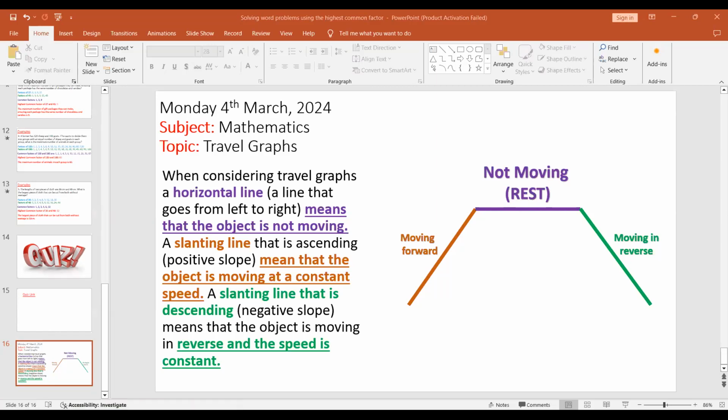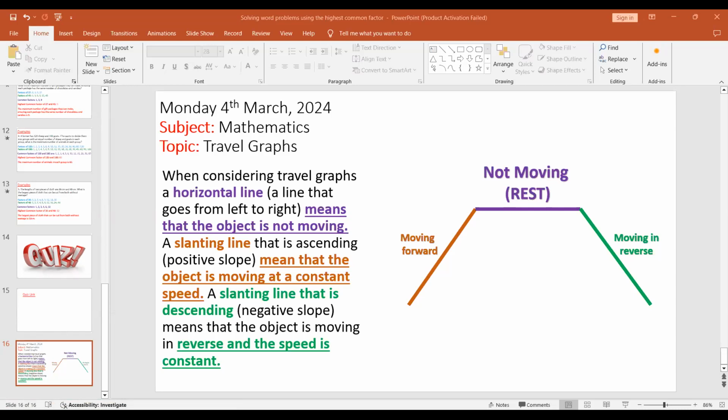When we have an object that is moving upward but slanted, what does that mean? It means that the object is moving at a constant speed. Constant speed, and it's moving what? Forward, right?